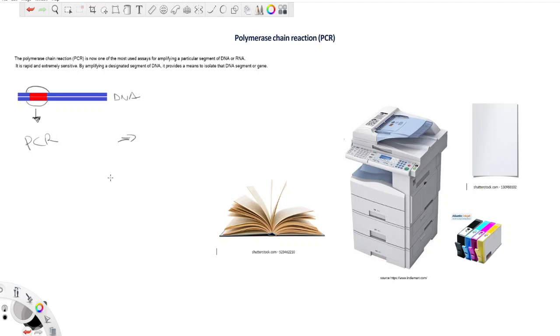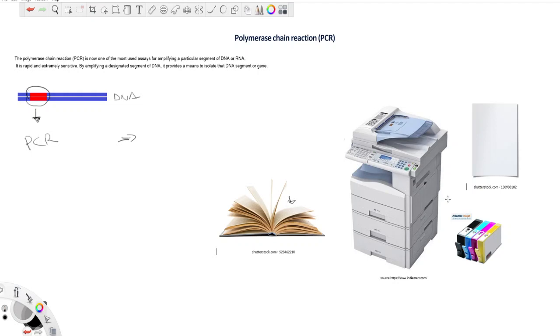But the way I look at it, the PCR reaction is quite like, not necessarily the same, but more like a photocopy machine process. Because what do you have when you want to have a copy of a specific region in your textbook?